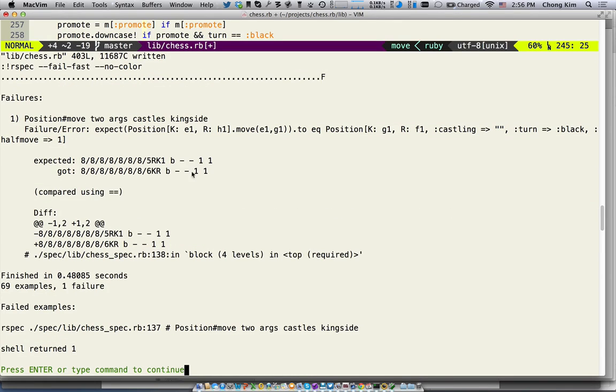Okay, so that's good, but this is not correct, which is the king trying to castle king side. So we can see that the rook should be on the left side, but the rook is still on h1 on the right side over here. So we need to fix that.